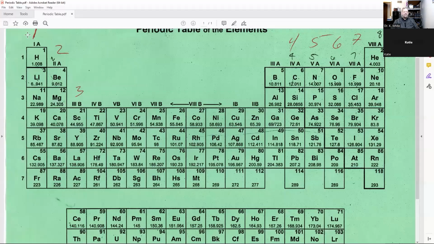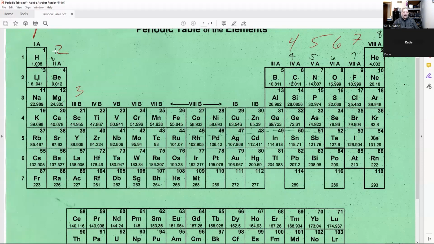Now, except for hydrogen, in this periodic table, in the column that has 1 above it, you should know that lithium, sodium, and potassium, those are the only ones I asked you to learn, are alkali metals. Lithium, sodium, potassium, alkali metals.